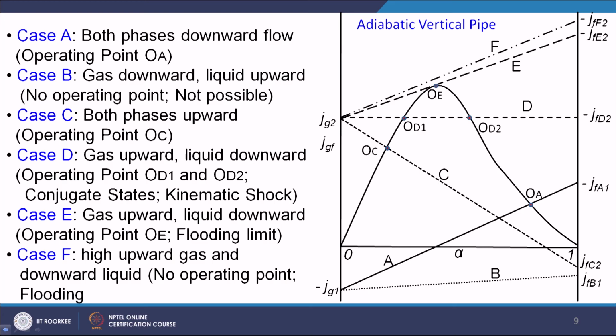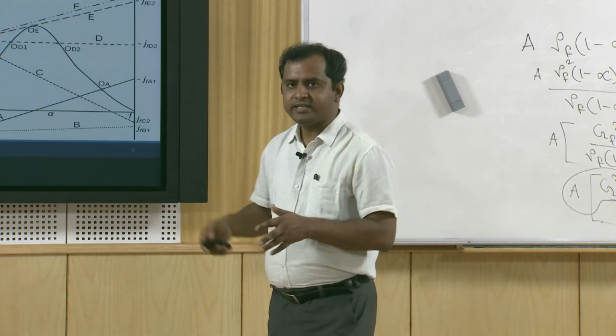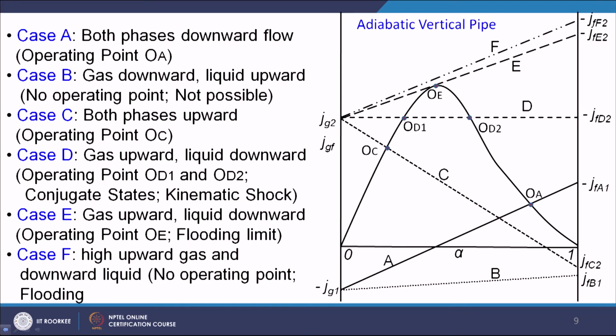Now, if we take different gaseous velocities and liquid velocities and try to draw this operating point OE, we will find that the curve we have drawn from JGF equals U alpha into (1 minus alpha) to the power c is actually the locus of all the flooding limits.